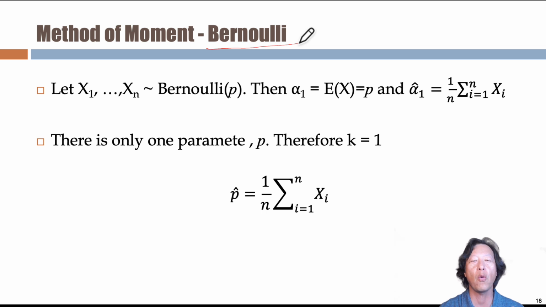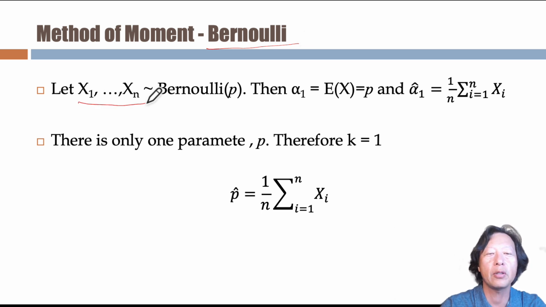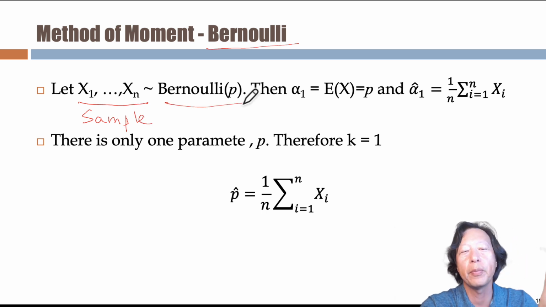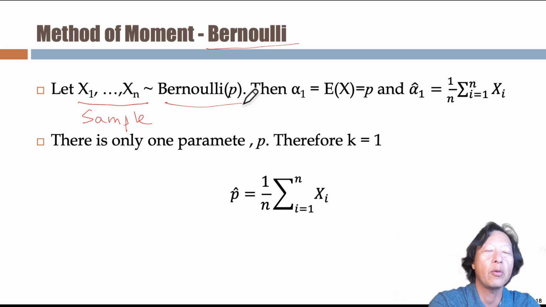Bernoulli is just one trial, and the outcome will be just 1 or 0, right? So let's say we have this sample, and I know it follows the Bernoulli distribution, but I don't know p. So I'm just trying to estimate p using a sample of n outcomes.